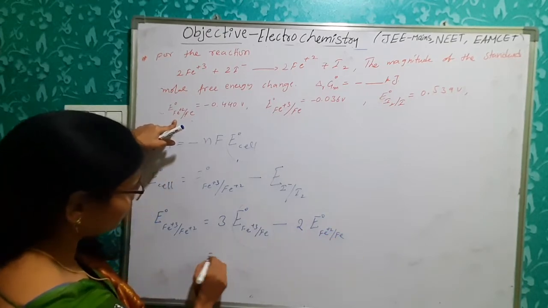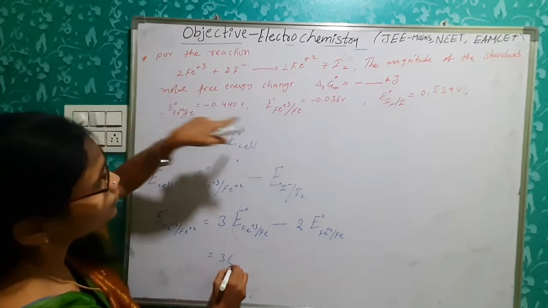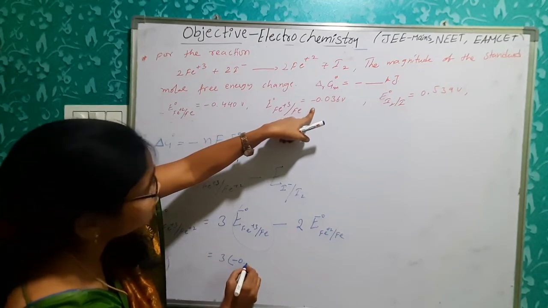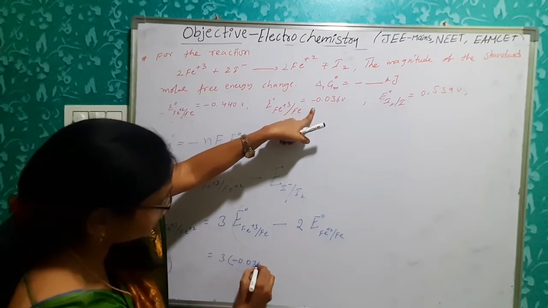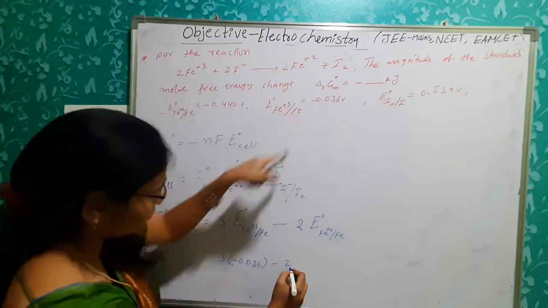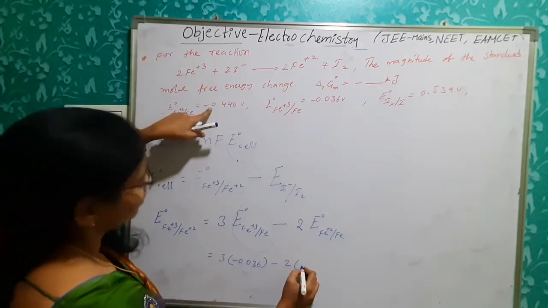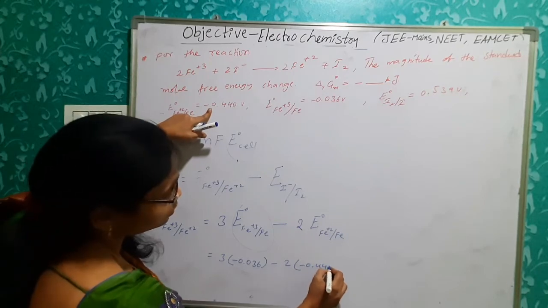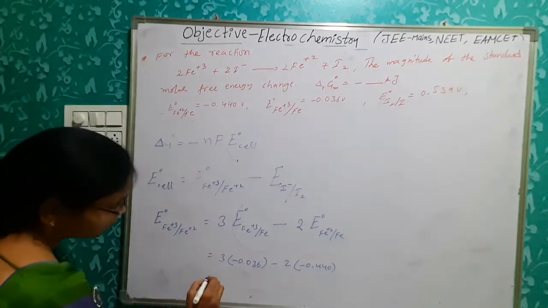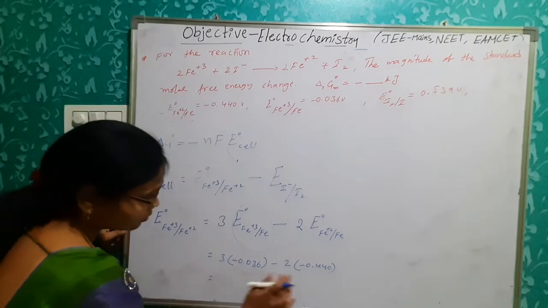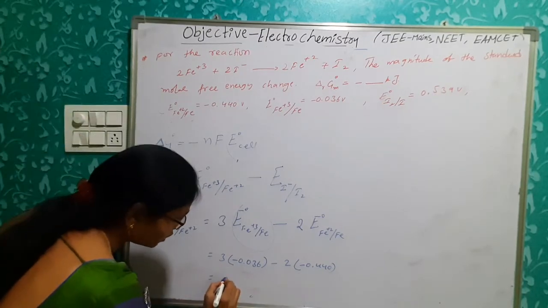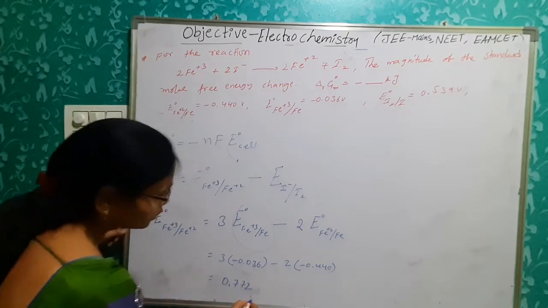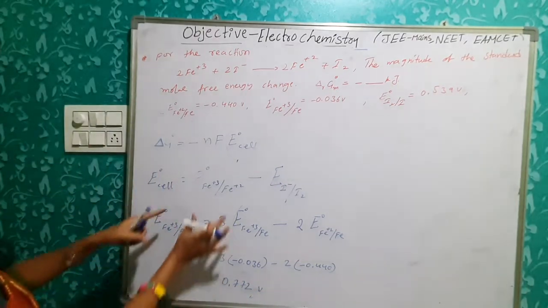What is this value? 3 into minus 0.036 minus 2 into minus 0.440. By simplifying this, we get 0.772 volts. So this is calculated.